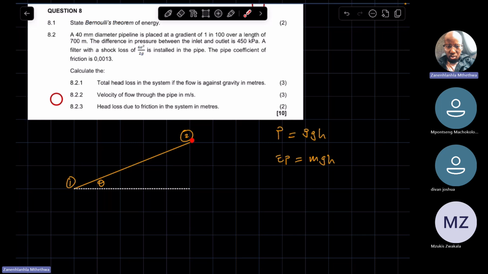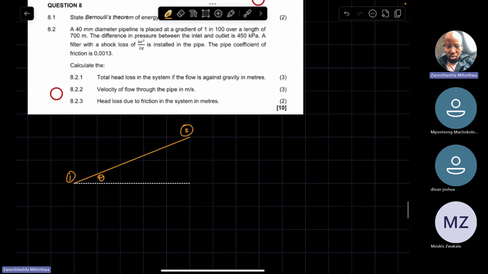That is how we know that this here is the inlet and that is the outlet. So we haven't been given P1, we haven't been given P2, but we have been given the difference between P1 and P2, which is that 450 kilopascals.